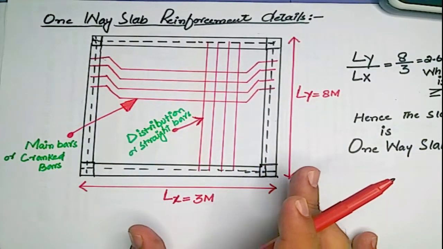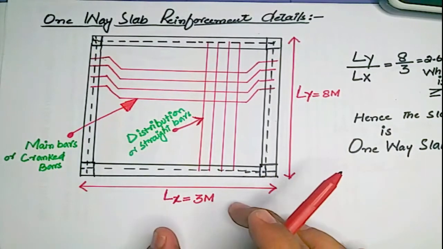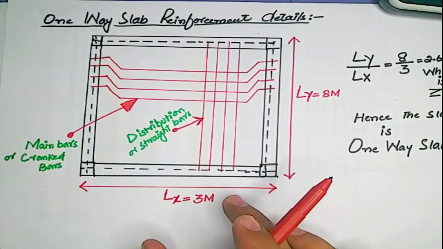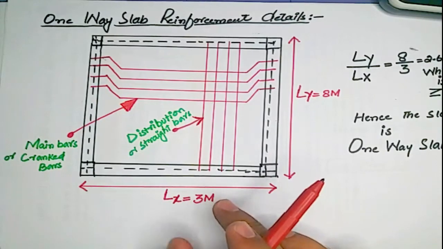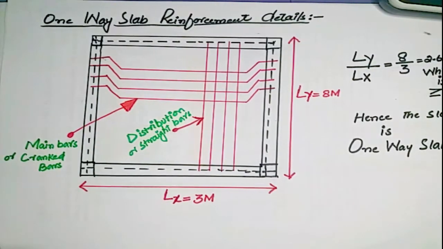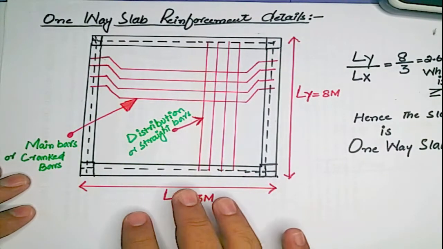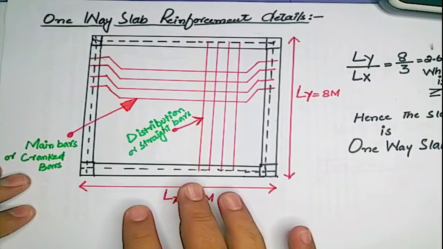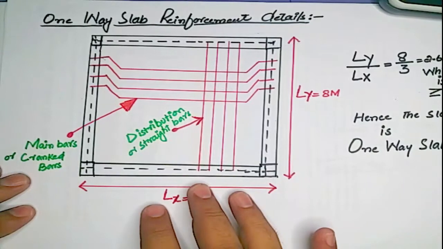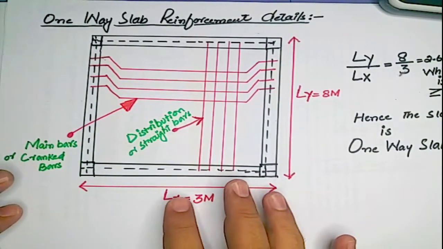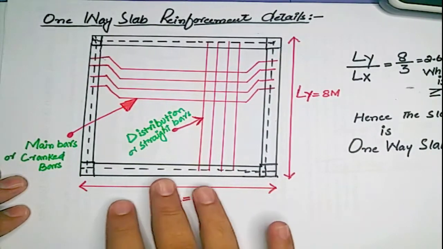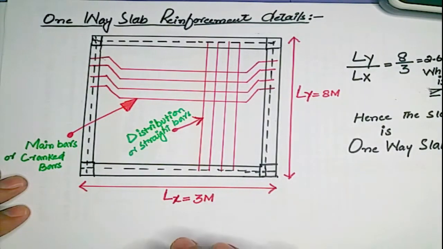The reinforcement must be provided in this shape if the slab is a one-way slab. So let's start: if you want to provide reinforcement in a one-way slab, you must follow these instructions.